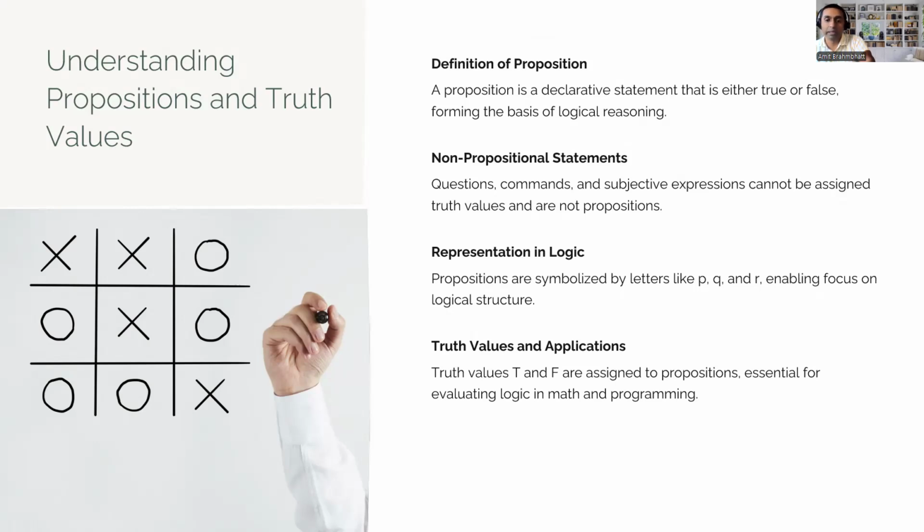In discrete mathematics, propositions are often represented by lowercase letters such as P, Q, and R. This abstraction allows us to focus on the structure of logical arguments without getting distracted by specific wording. Truth values, typically denoted as T, true, and F, false, are assigned to these propositions and used to evaluate more complex logical expressions.